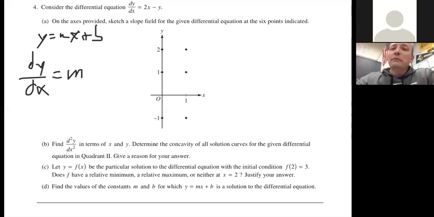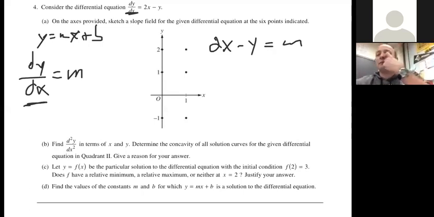So if you look up here, here's another dy/dx. So what that means is that 2x minus y has to equal m, because this dy/dx and that dy/dx up there have to be equal. Now this is where it gets crazy hard. This is one of those problems I wouldn't expect very many people to get right. We have 3 variables over here.